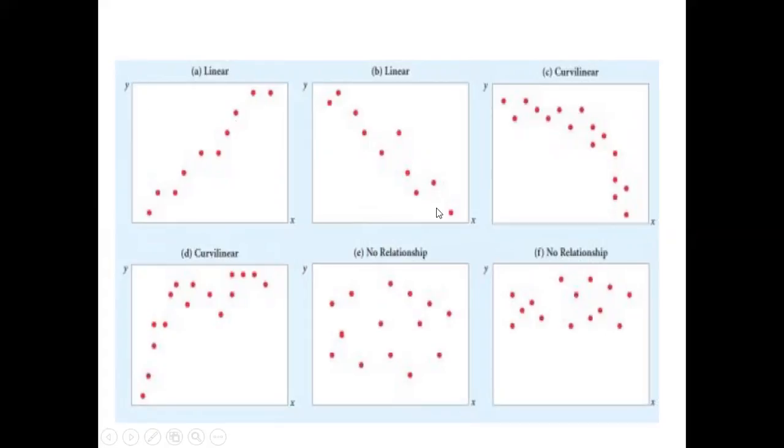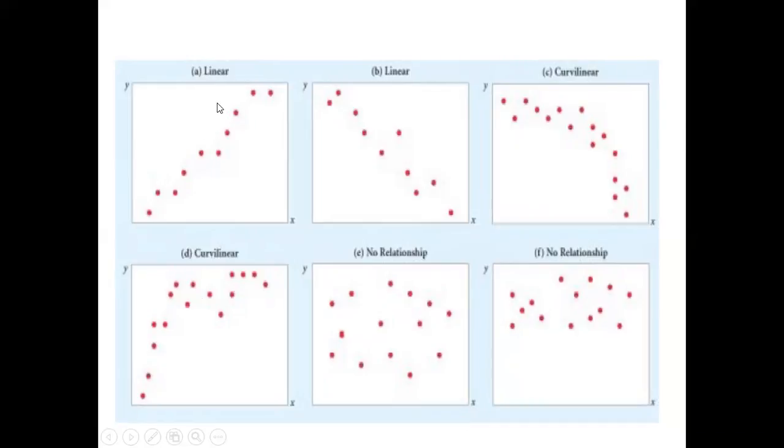Here the x value is increasing, but the y value may be decreasing, but still it is in a linear fashion. And then curvy linear, it is a curvy linear one. So here we have figures A, B, C, D, E, F. Figure A shows a very strong linear relationship between the variables x and y.